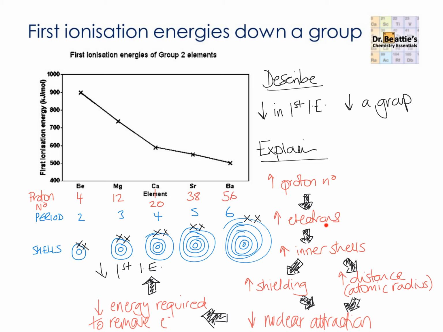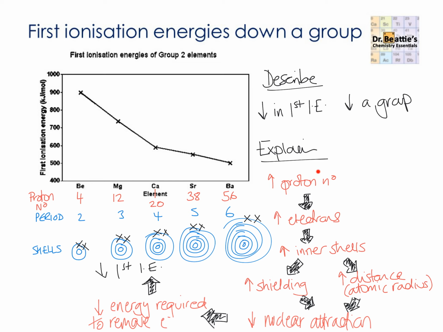And so this flow of ideas is really important in order to understand and explain why this first ionization energy is decreasing, linking to some fundamentals about the electronic structure.